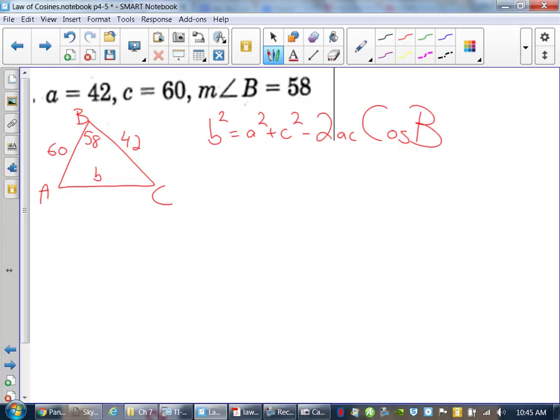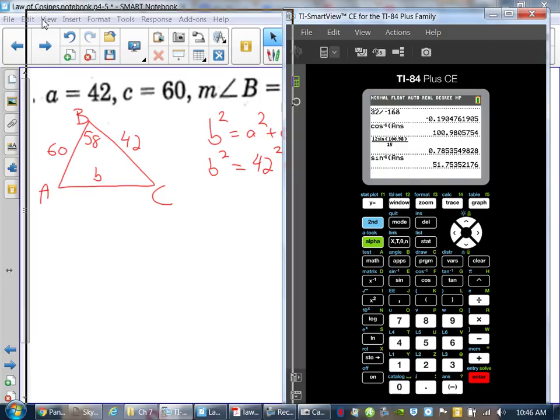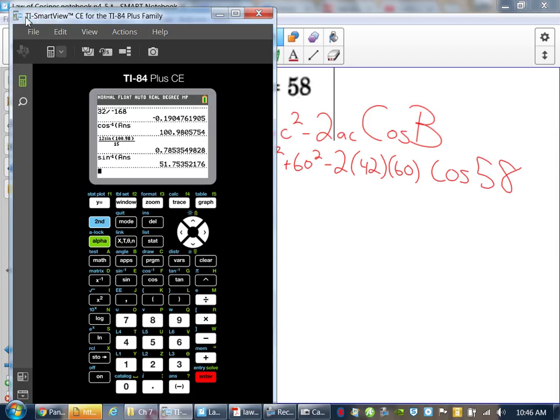So you get b squared is 42 squared plus 60 squared, minus 2 times 42 times 60 times cosine 58. And just make sure that you always write down what you're doing before you do it so you can see what to put in the calculator.